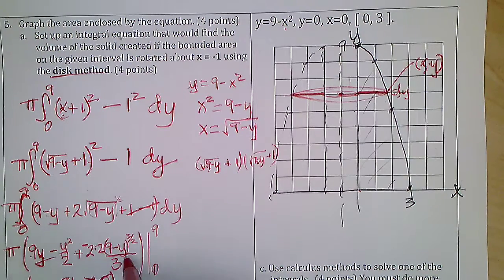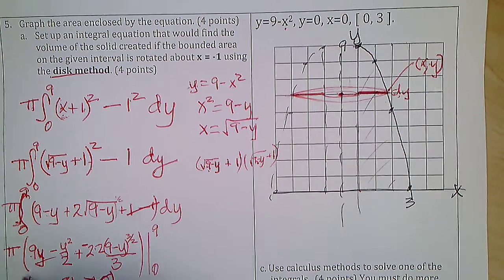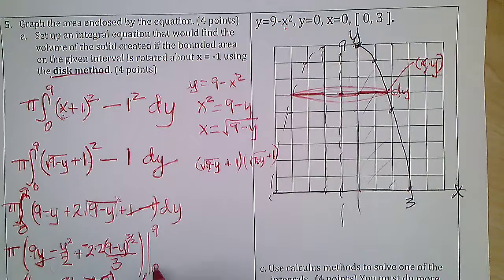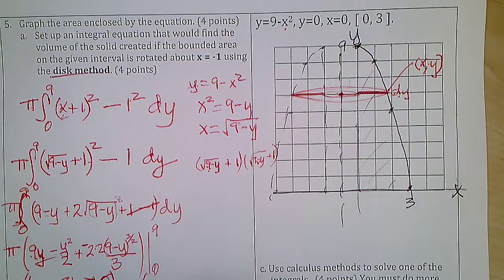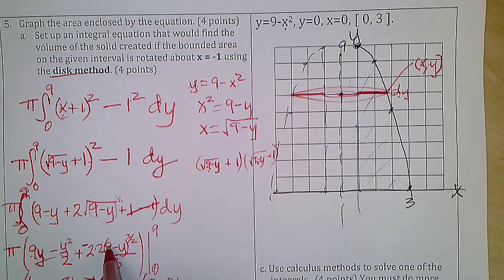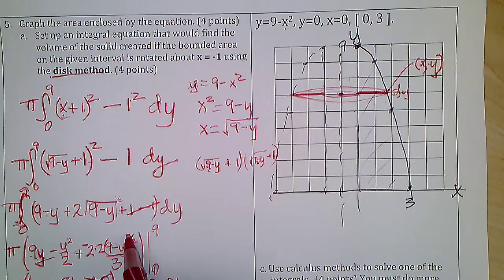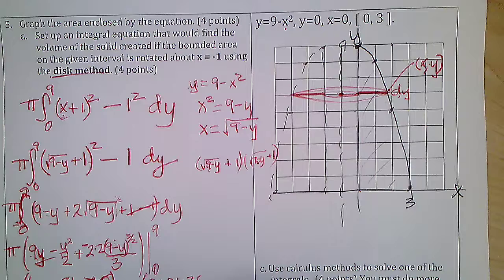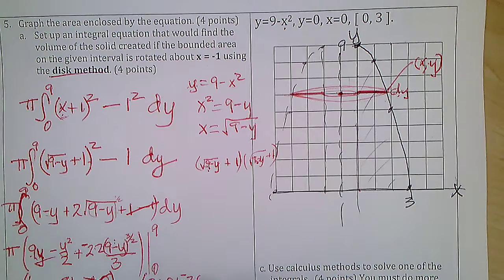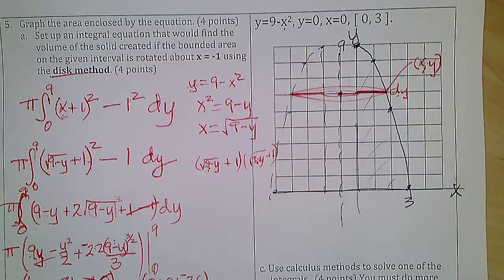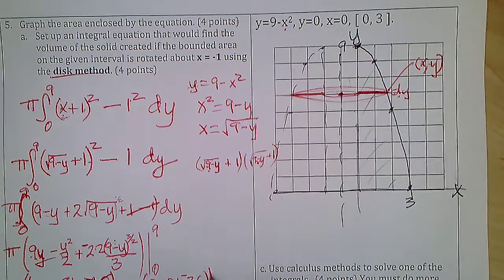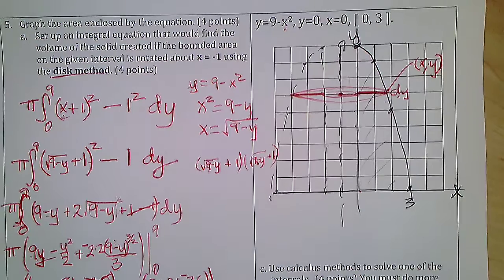That's with the 9 in, minus, and if I put 0 in there, that's 0. But if I put 0 in here, I get 9 minus 0, which is 9. Square root of 9 is 3. Cubed is 27. Divided by 3 is 9. Times 4 is 36, negative because of the negative. And if you take your time working that out, you'll get the correct answer.